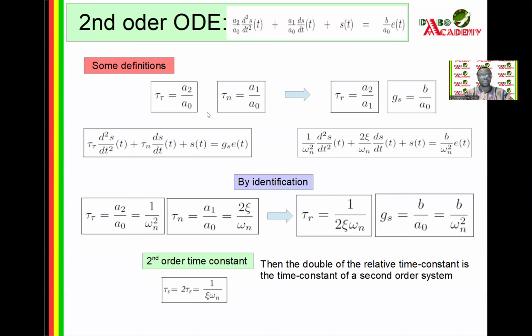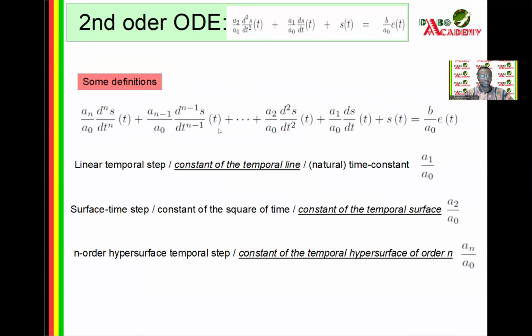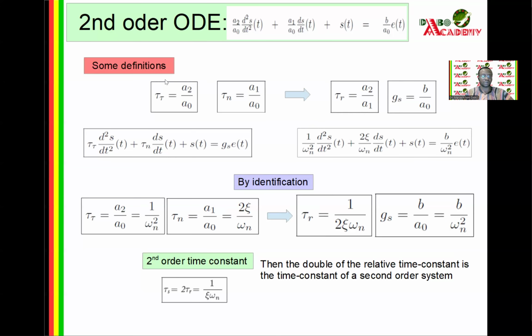Okay? I will call it the constant of surface of time, surface time step, for example, or constant of the square of time. This is how I call it, because it is multiplying here the inverse of the square of seconds. So the unit here is second square.